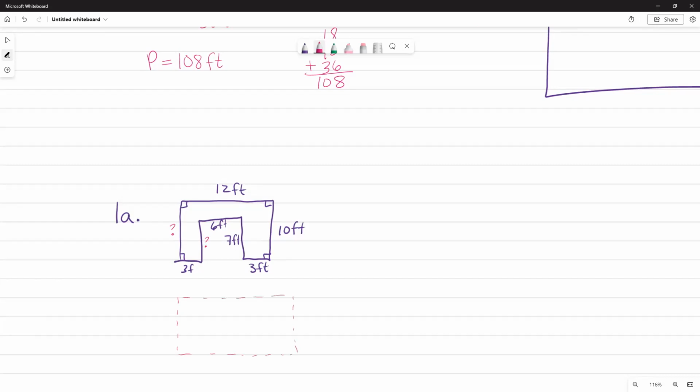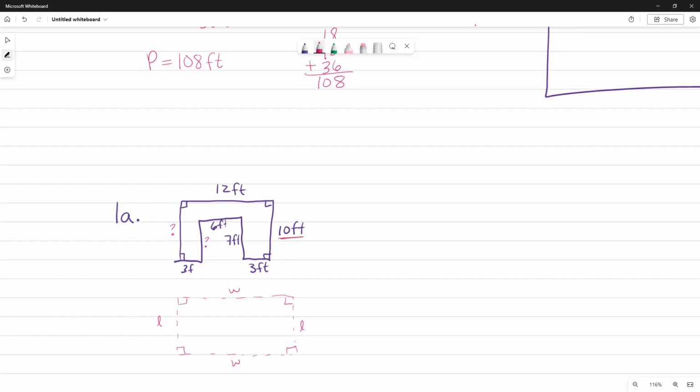Because if you remember, a rectangle by definition means that all the interior angles are right angles, they're 90 degrees, which means that opposite sides are the same length. So when you go to figure these out, you know that this left side is exactly the same, it's congruent to the line segment on the right.